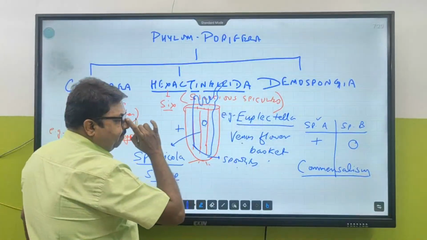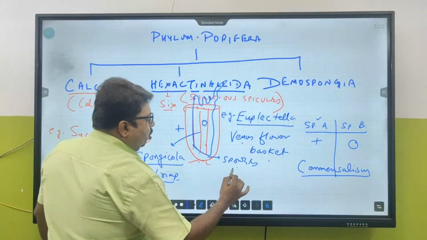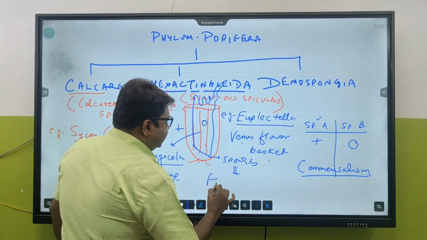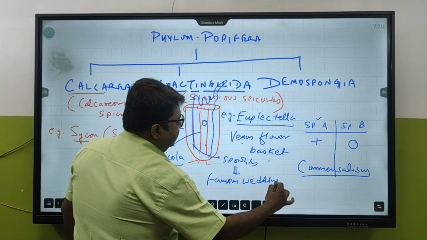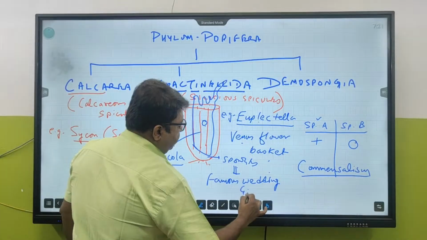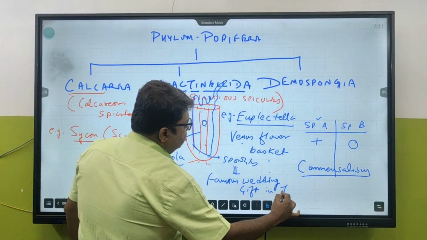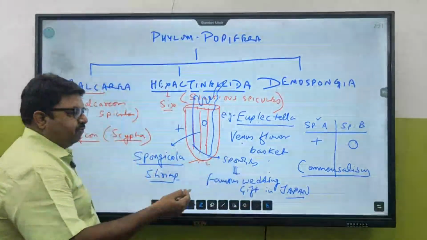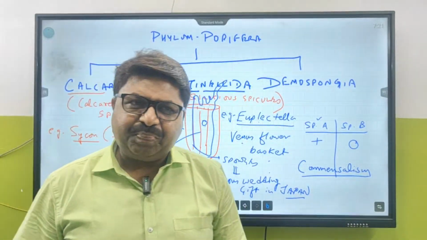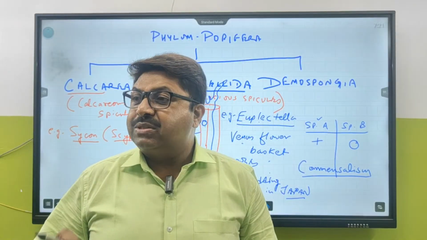Now mind you one thing about Euplectella, they are called a famous wedding gift. Where? In Japan. They are normally found close to the Bay of Japan. And it's a famous wedding gift. Why?